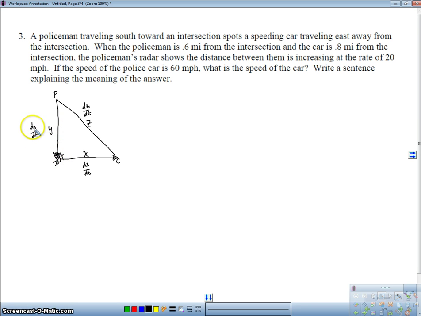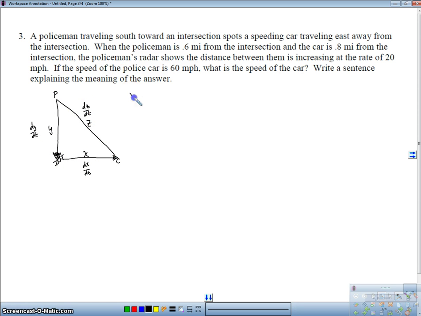That means the directional change is negative because we're getting smaller. So this is a negative rate. Whereas this value, x, is getting larger. The car is going away from the intersection, so this rate is going to be positive. So we have to make sure that we account for that when we do our work.